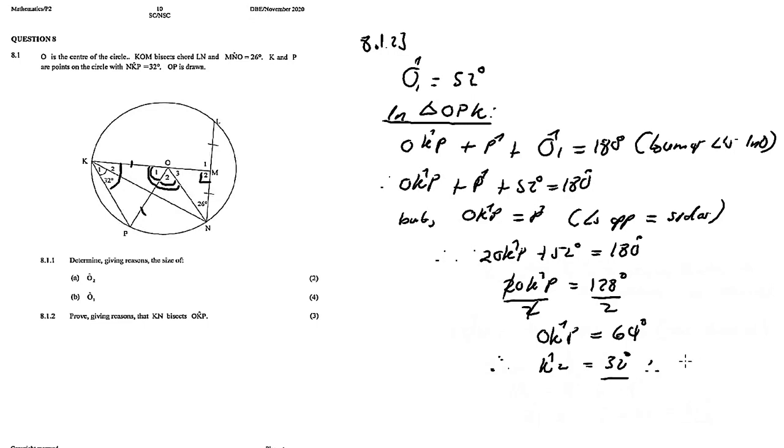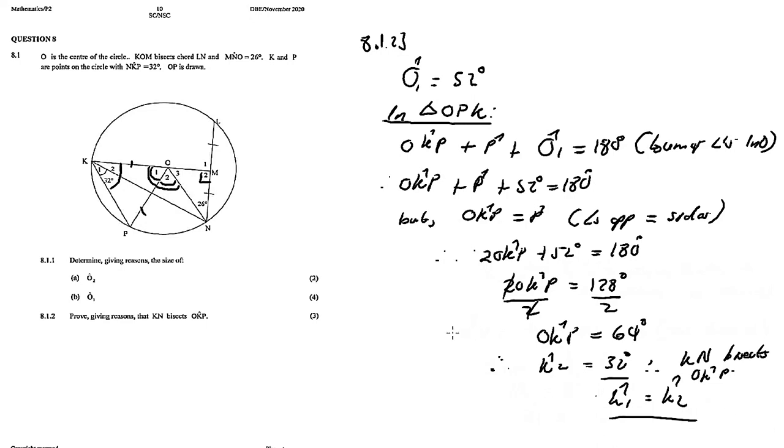Conclusion: therefore KN bisects OKP. Why? Because K1 is equal to angle K2. So this is our final answer.